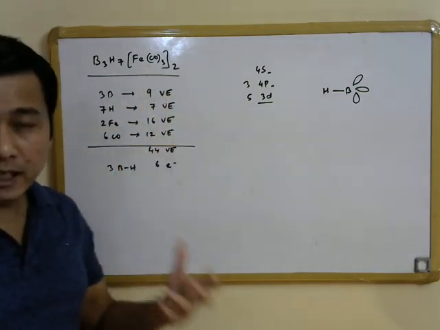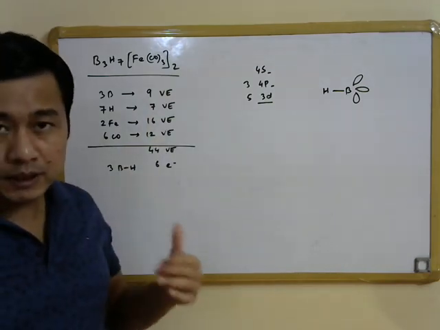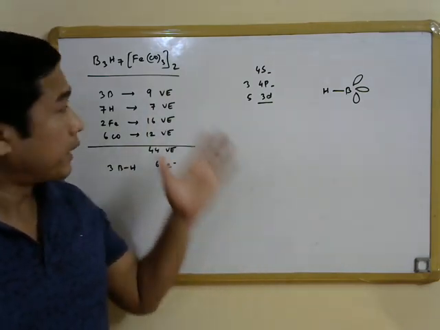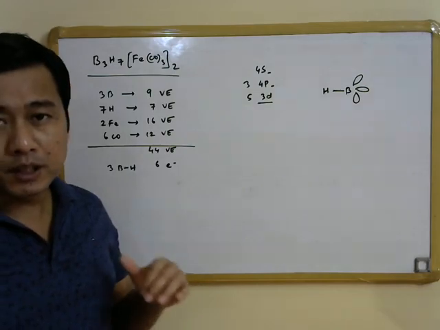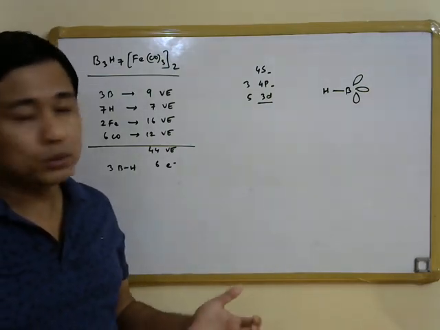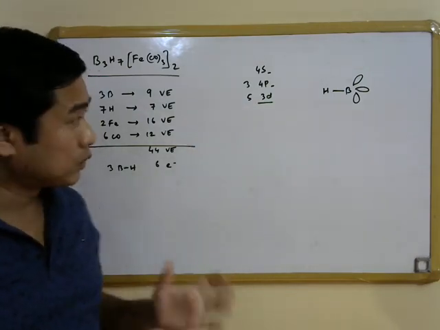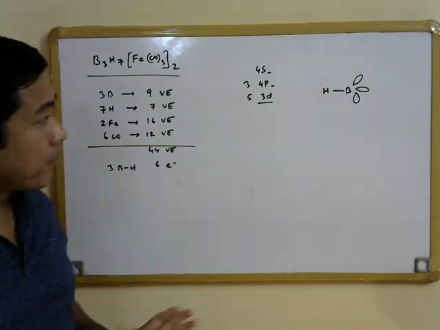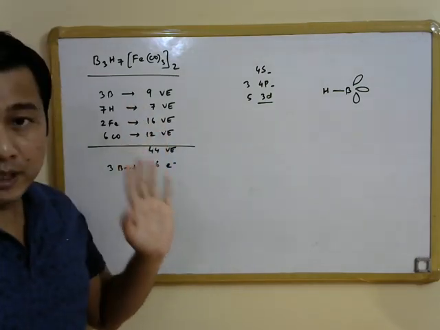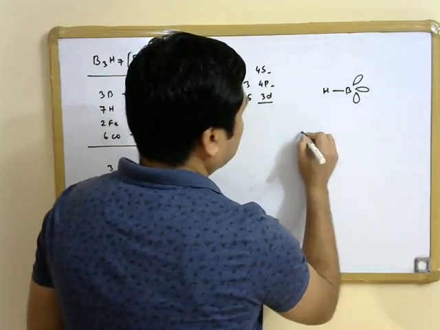Here, the carbonyl ligand acts as a terminal ligand, and some of these electrons will be used for forming terminal iron-carbonyl bonds, while the rest of the electrons will reside in orbitals which are non-bonding in nature. So what we will do is deduct for each transition metal center, since only 3 orbitals are required.